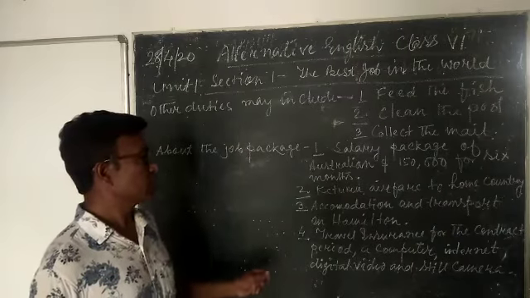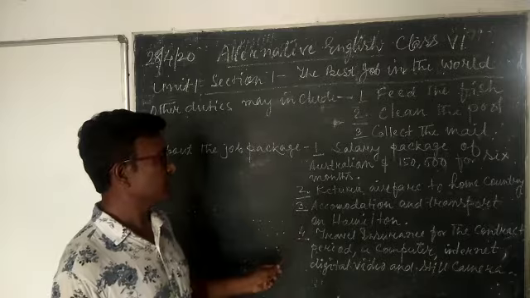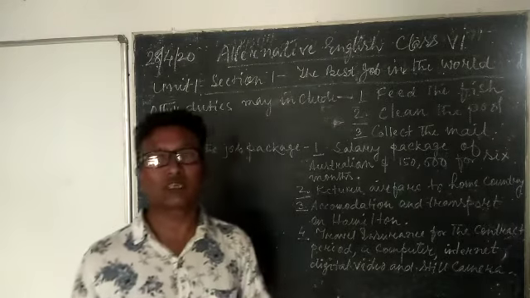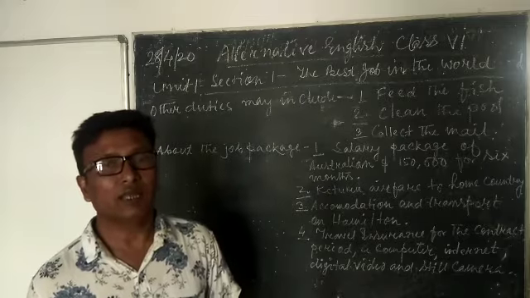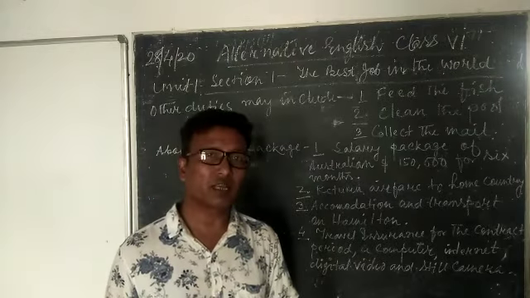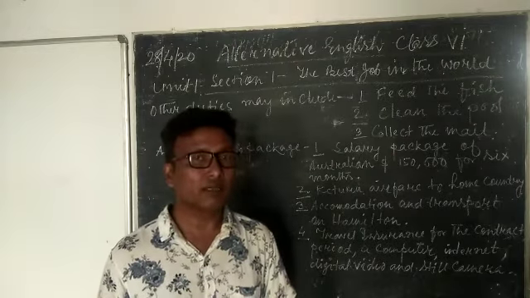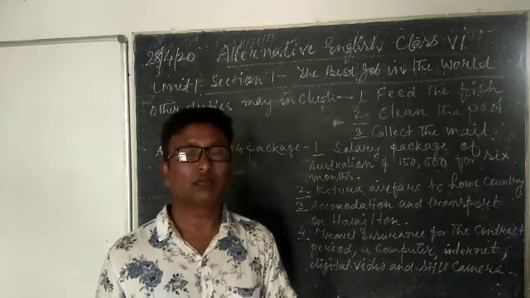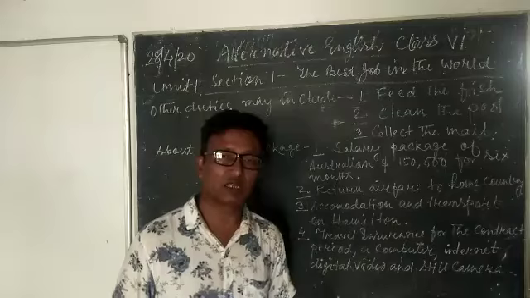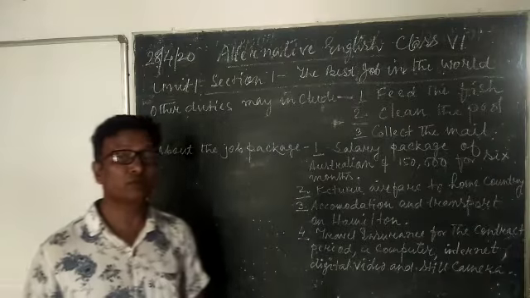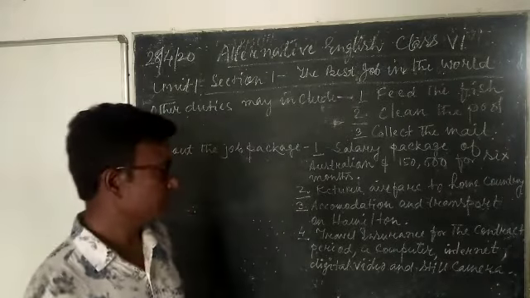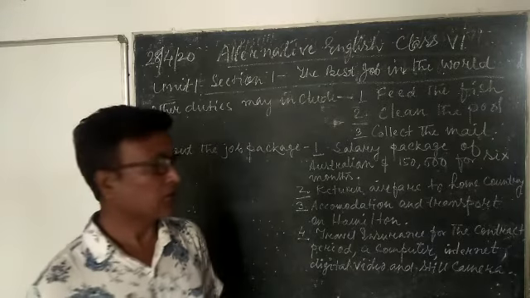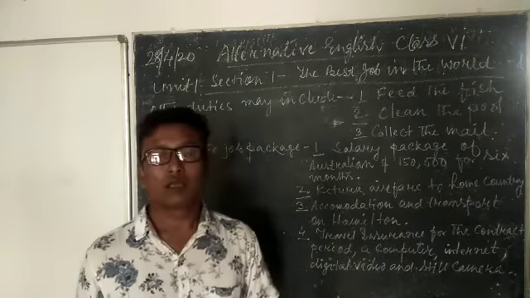The next point in job package is return airfare to home country. Now once the 6 months expires, then the person will have to come back to his own country. Now he will be coming by flight. Now who will bear the actual fare? Now it is also mentioned that the return airfare will be provided by that authority. Next, the question is accommodation and transport.